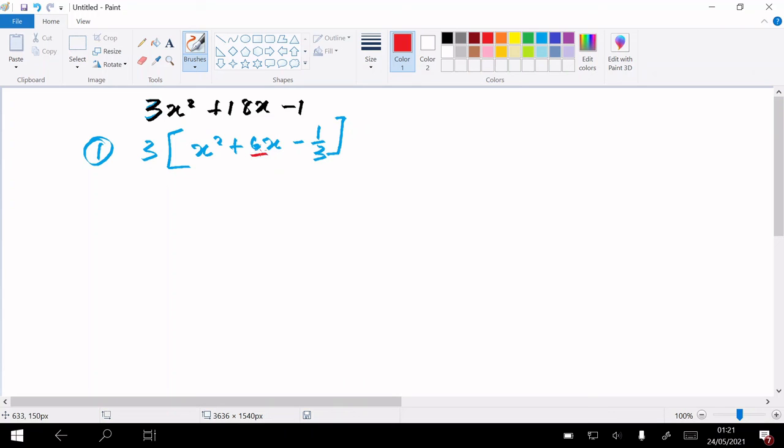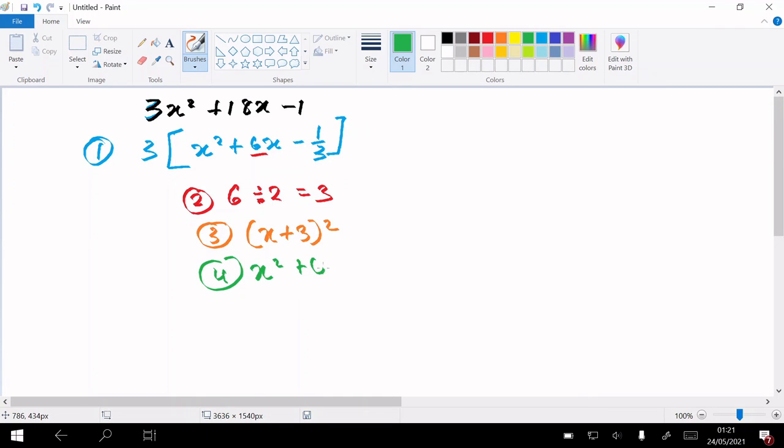Then you look for the coefficient in front of x, that gives you 6, you halve it, and you get 3. Then you write it in squared brackets form, expand the brackets, and fourth step, you see how you can go from +9 to -1 over 3.